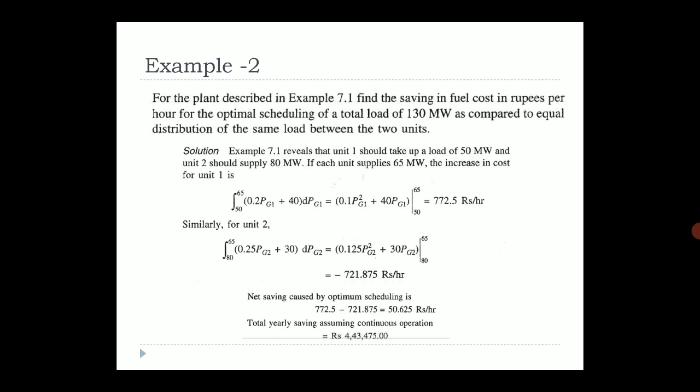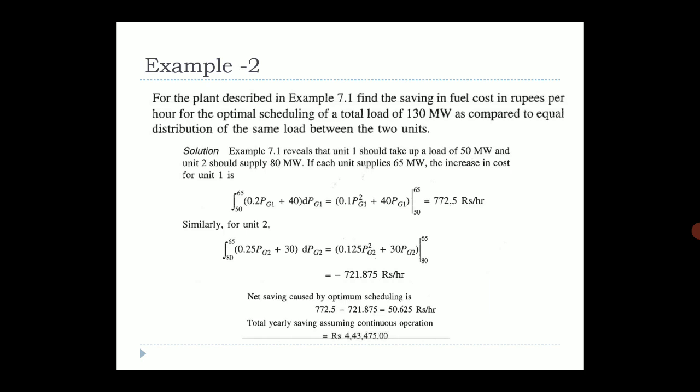Will that be economical, or the actual schedule we obtain from this lambda value, will that be economical? Let us see. If they run together with the same power, it will be 65 megawatt each to produce a 130 megawatt load.